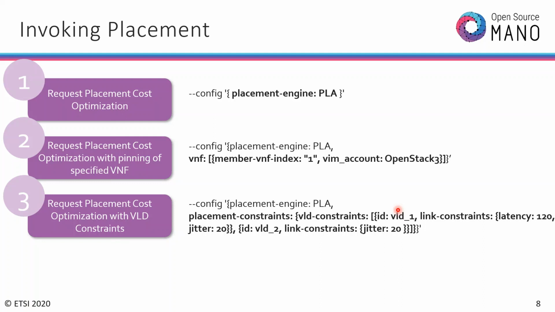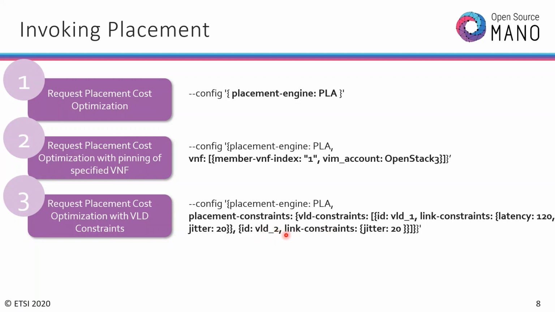So we will actually look in the NSD to identify what things we are talking about here. We identify this VLD, and then we put link constraints on it. We say the latency has to be better than 120 and the jitter has to be better than 20. And then you can match these things.